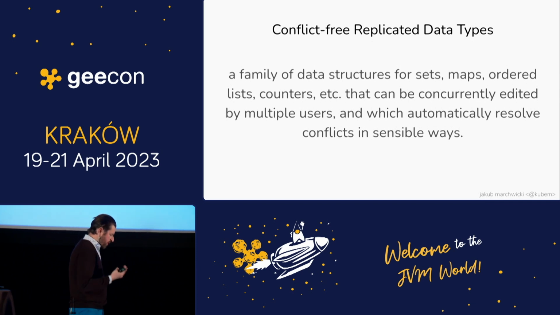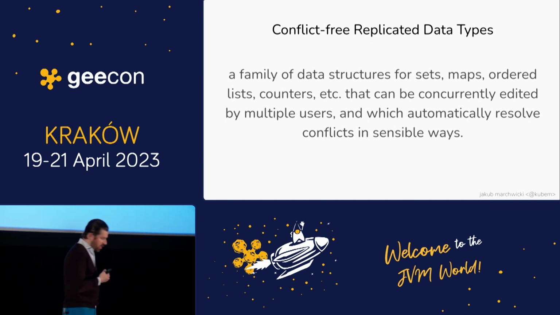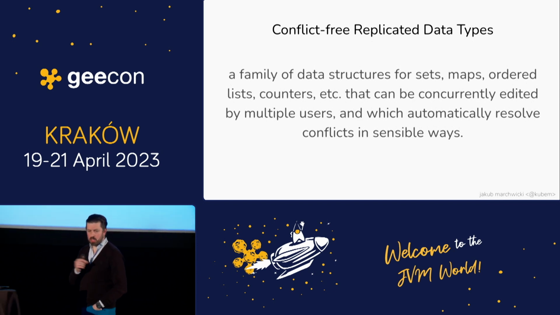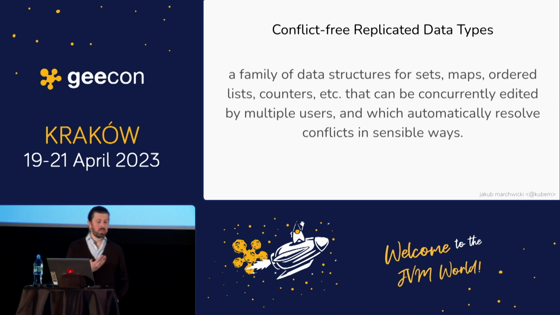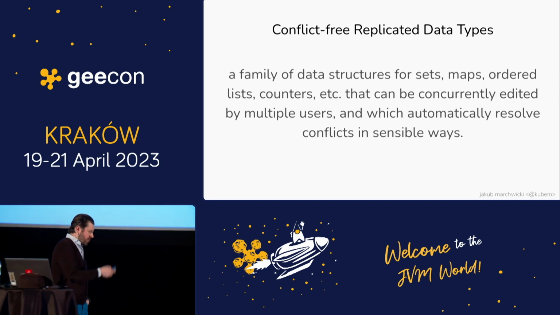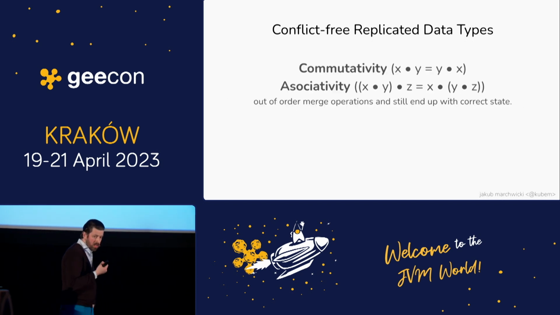There is a whole family of data structures, which are sets, maps, counters, that can be concurrently edited by multiple users and automatically resolve conflict in a sensible way. This is based, again, on a certain math.